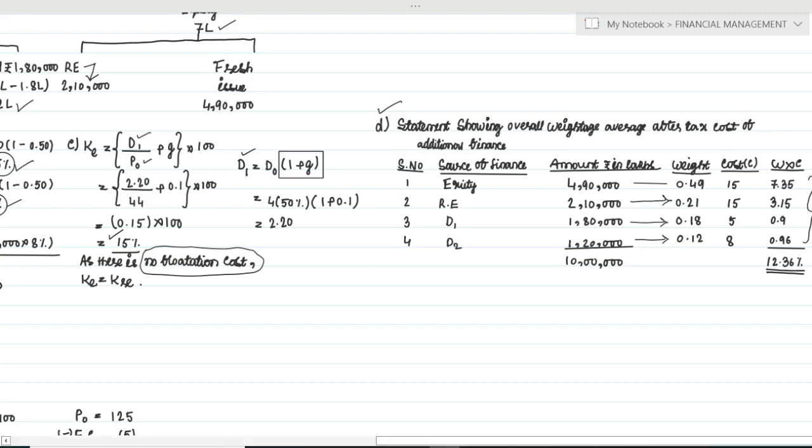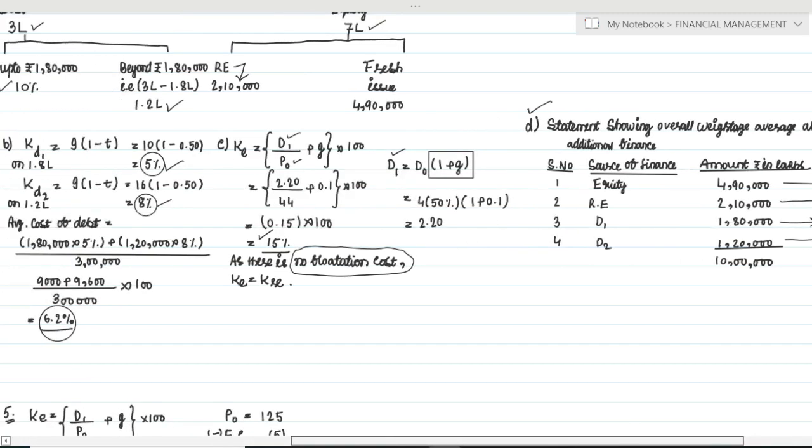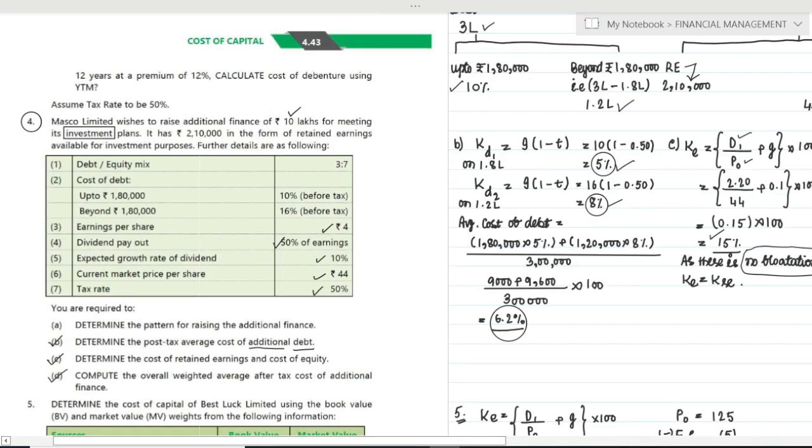So this is a very good question which will help you to understand the concept of cost of capital.